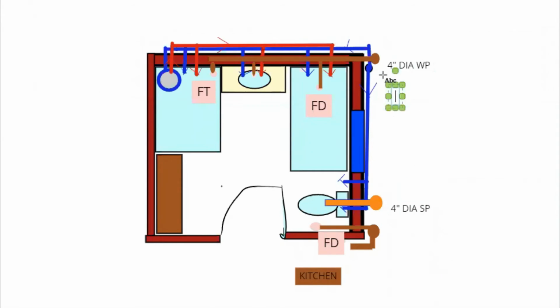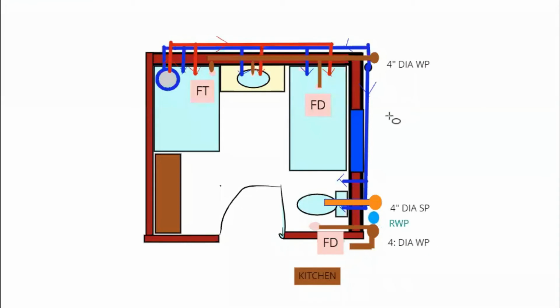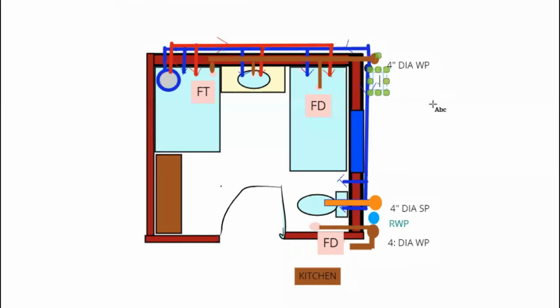And you are also connecting another 4-inch dia waste pipe that is connected to your kitchen plus any of your bathroom outlets, or it can also be connected to a rainwater down pipe, or you can have a separate rainwater down pipe. So these are the pipe outlets. And the inlet we have done, let me write it down for you. This is the 0.75 inch, that is 3/4. We call it 3/4 inch cold water down pipe.